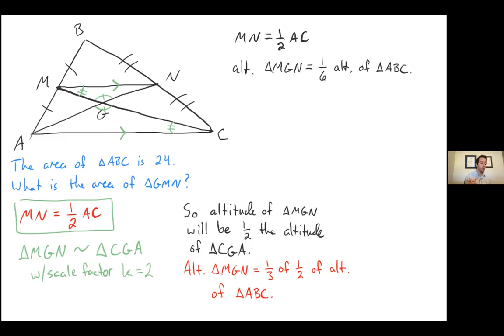So if I want to form the area of MGN, I'd be multiplying MN by the altitude of MGN and then timesing that by 1/2. So the area of triangle MGN is going to be equal to 1/2 times MN times the altitude of triangle MGN.